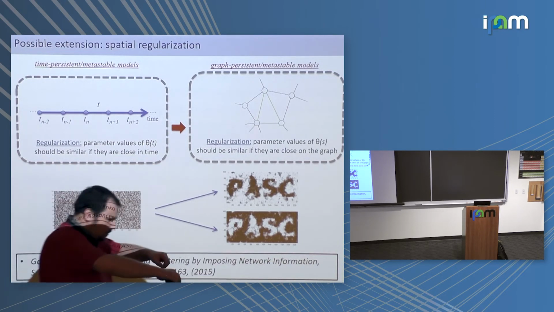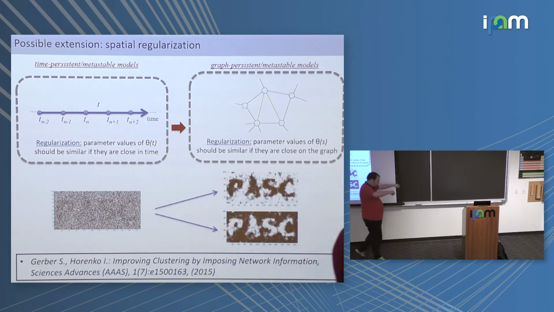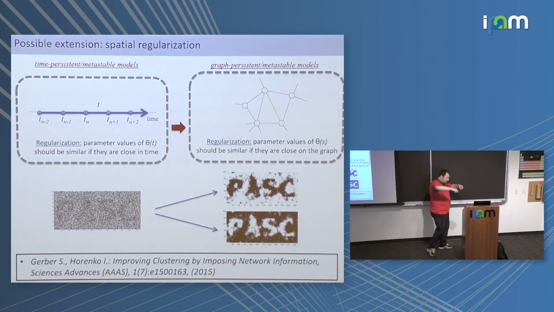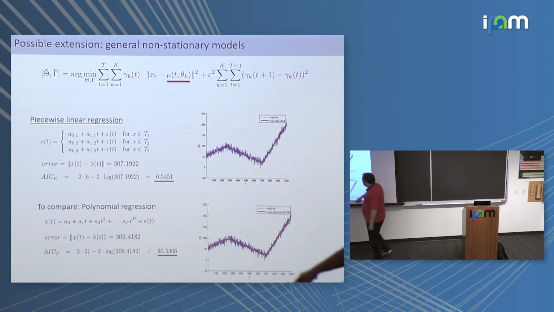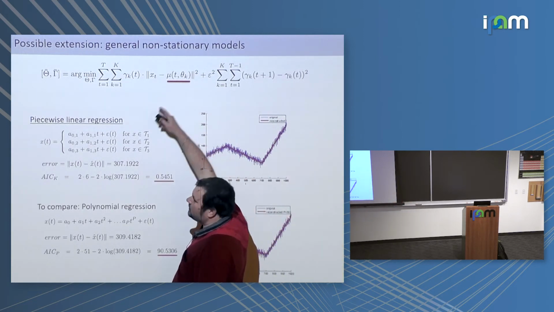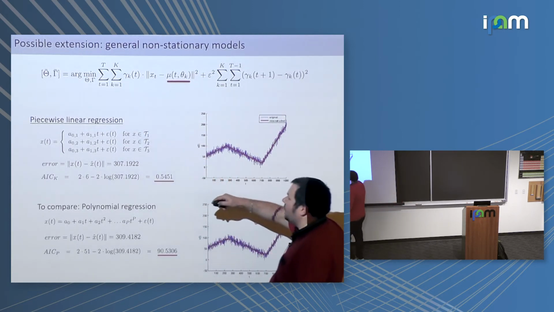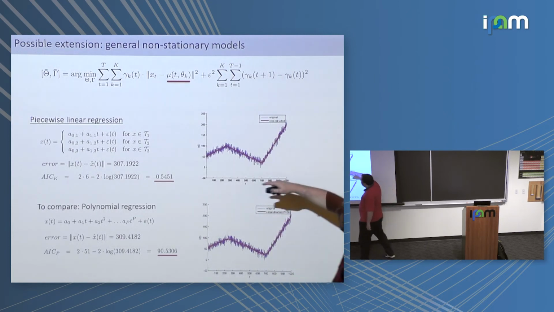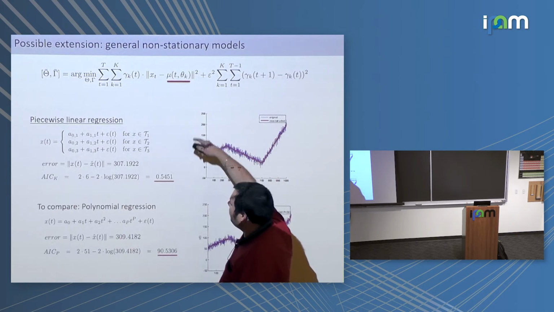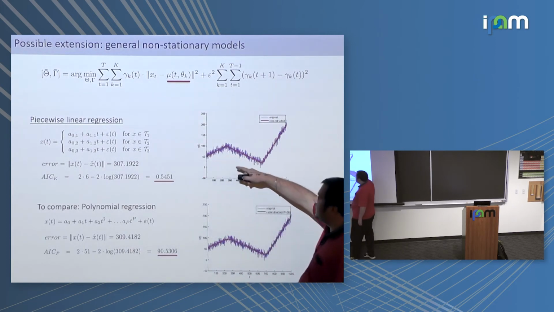So if you have a signal which is living on some particular graph, then you can impose this information about the graph into your regularization. Another possible extension, the question is why we are using the constant model. Actually, we can use any stationary model, and extend it by these non-stationary settings. This is piecewise linear regression.